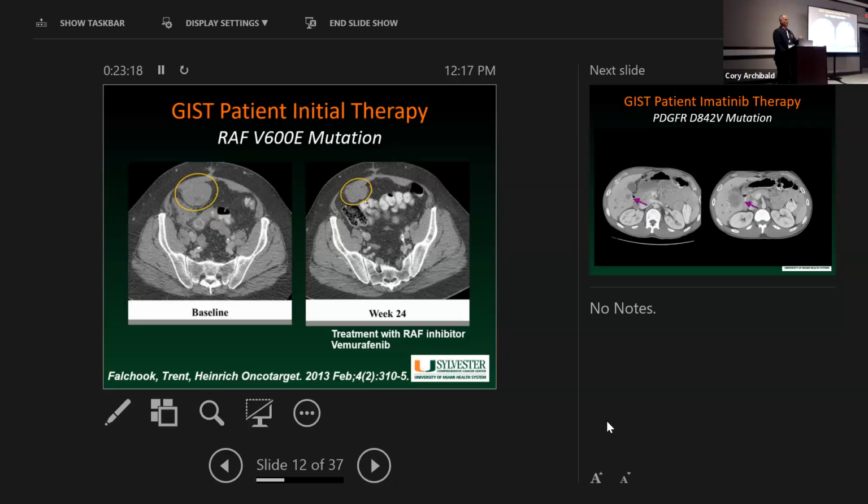But it still signals down similar pathways to turn a normal cell into a cancer cell and to drive all of those things we talked about, such as proliferation, survival, invasion, and metastasis. So it's not surprising, at least I don't think it is, that if you know the patient has a RAF mutation in their tumor and you treat them with a RAF inhibitor, you're going to see similar results as a KIT mutant treated with a KIT inhibitor.